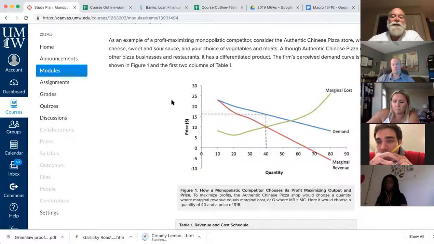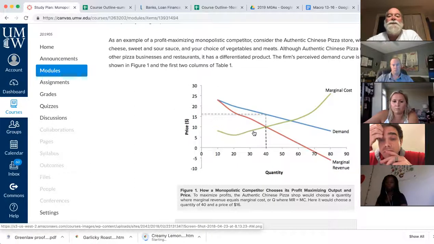Then you use the demand curve to ask the question, if I want to sell 40 units of output, what's the highest price I can get away charging? So you go up to the demand curve and then you read to the left, and it looks like about $16 or $17, $16, I guess, according to the graph there. So first you find MR equals MC, then you find the quantity and the price.